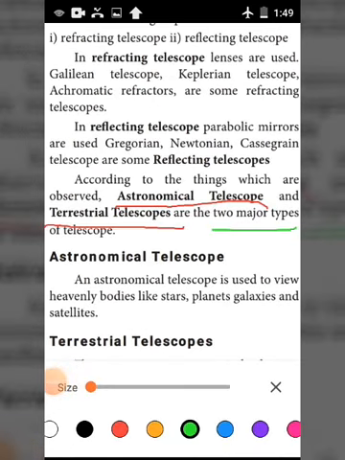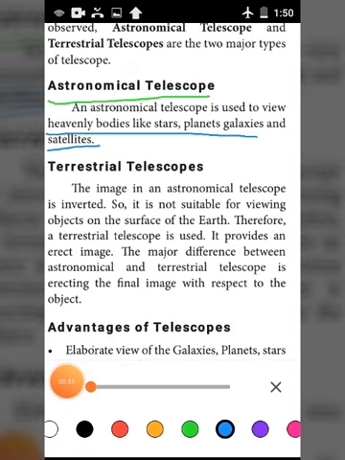And the major types of telescope based on the things which are observed. It is classified into two types. One is the astronomical telescope, another one is the terrestrial telescope.